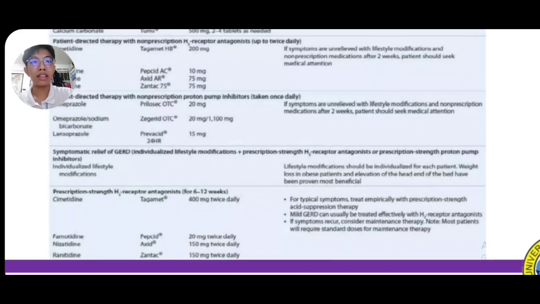As we go on, you can see that the prescription strength for H2 receptor antagonists that lasts for 6 to 12 weeks of treatment has an increased dosage. So we should consider that when a drug needs a prescription, its dosage is sensitive and we need to be cautious. That is why they need prescription in order to get these drugs.